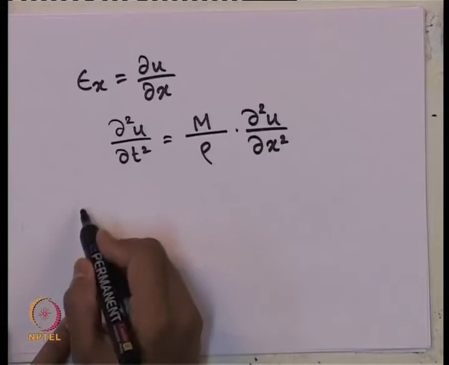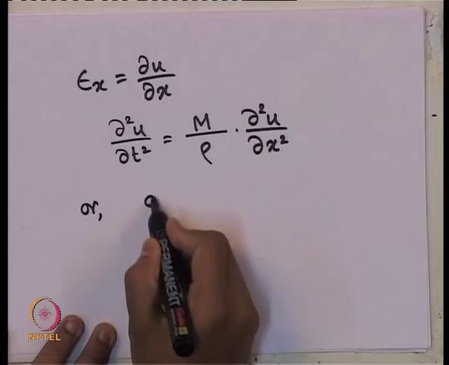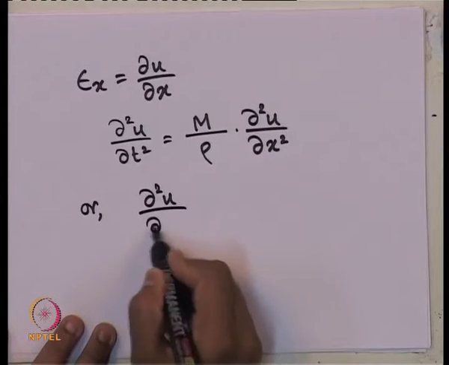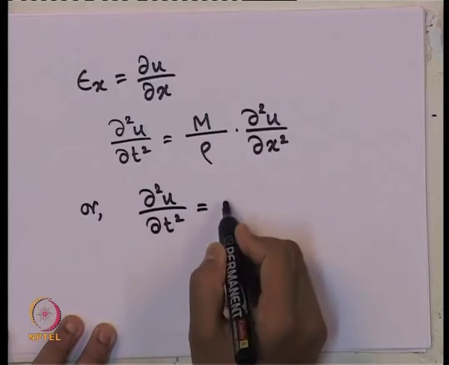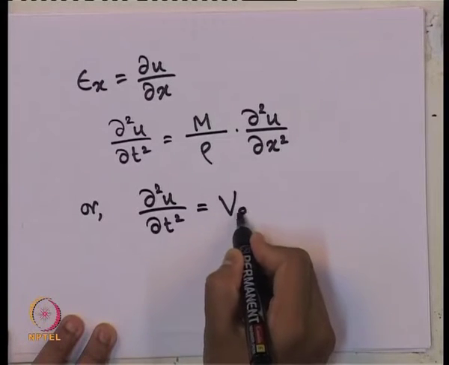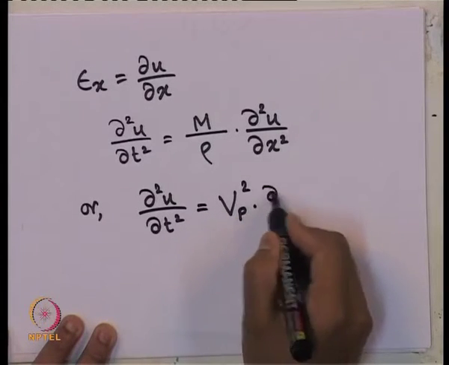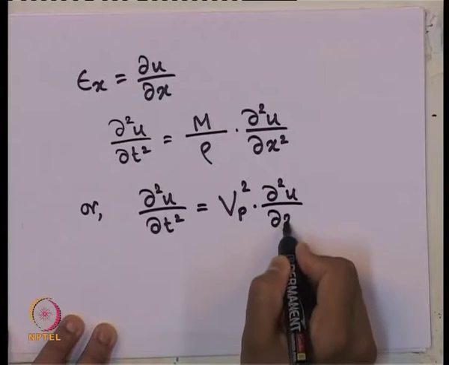In other words, many times it is written as del 2 u by del t square equals to V p square times del 2 u by del x square.